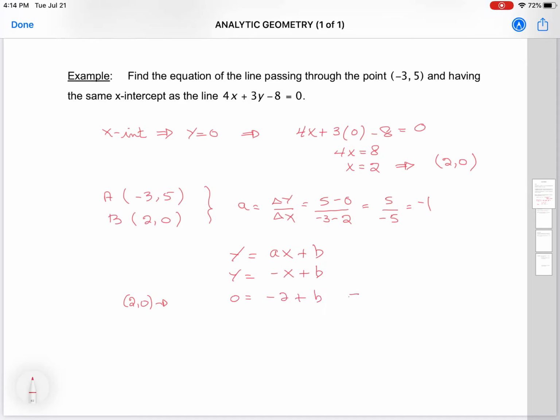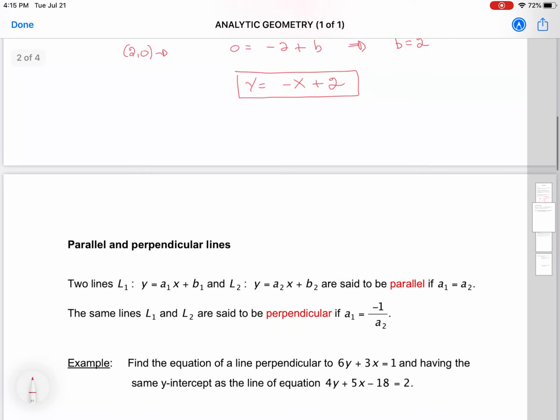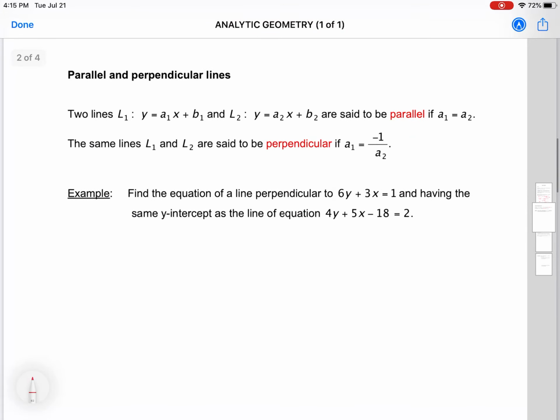So we put (2, 0) in the line, and we get 0 is equal to minus 2 plus b, meaning that b is 2. So finally, the equation of the line is y is equal to minus x plus 2. Easy enough.